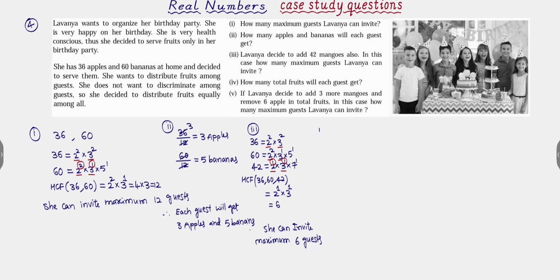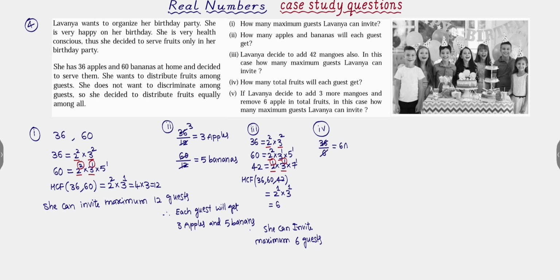Question number 4. How many total fruits will each guest get? After she has 36, 60, 42, how many total fruits will each guest get? Again the same: total 36 apples and 6 guests. 6 ones are 6, 6 sixes are 36.